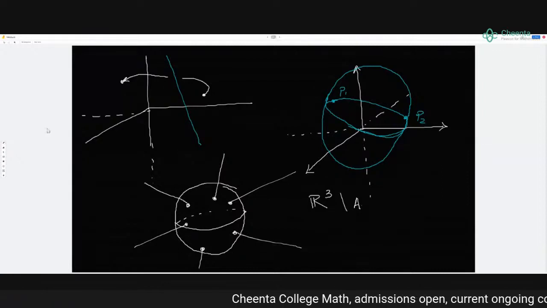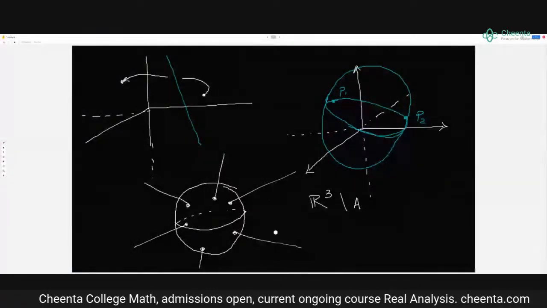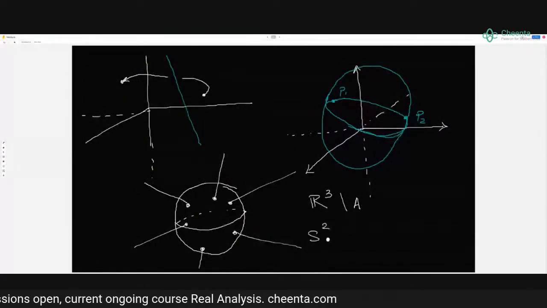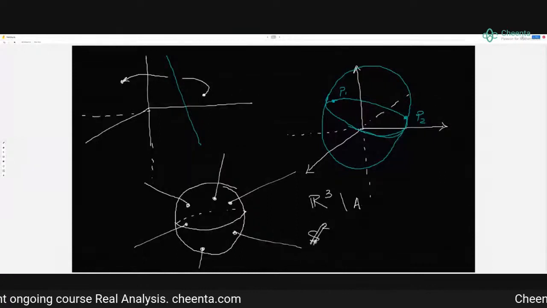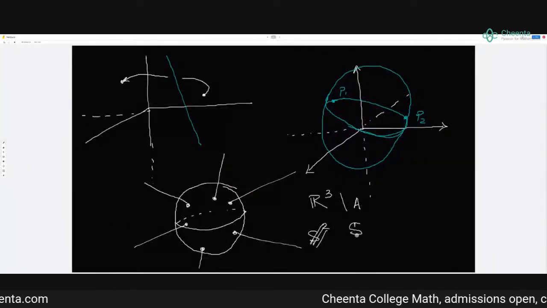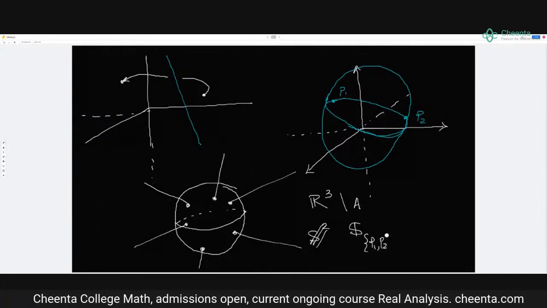So that means what? That means for R3 minus A in this embedding situation, let's not make it a unit sphere; let's call this any sphere S that contains P1 and P2.